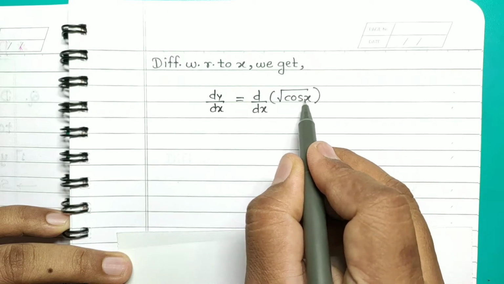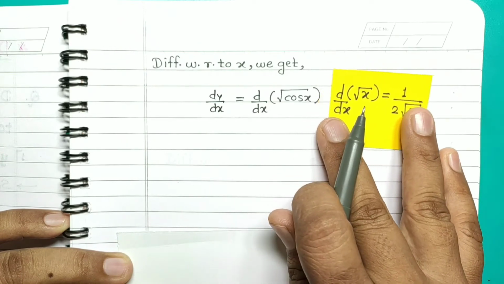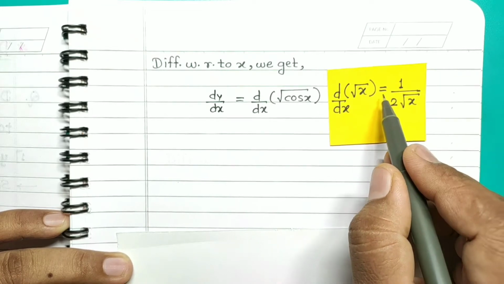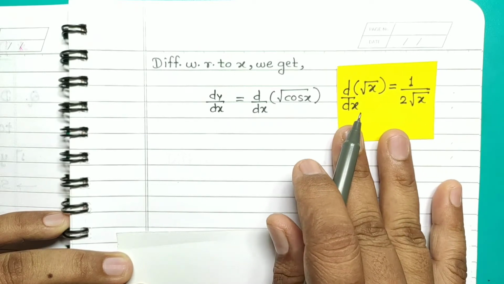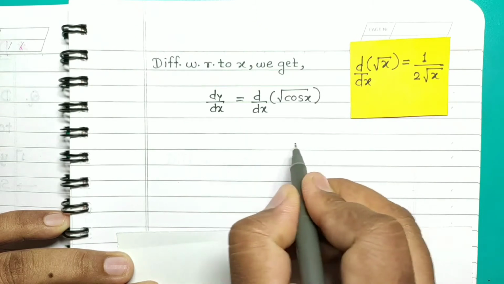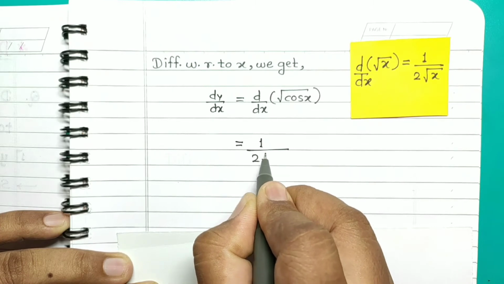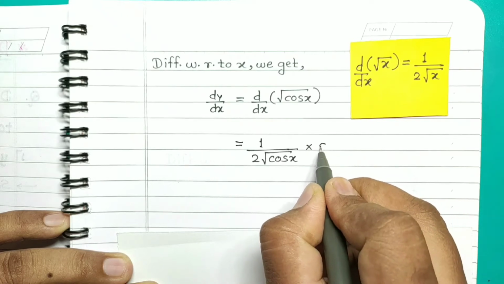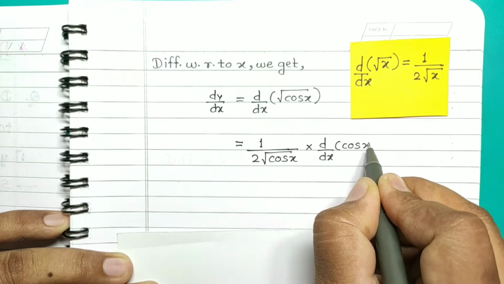If there is x instead of this cos x, the function will be like root x. So we have this standard derivative: d by dx of root x, that means the derivative of root x is 1 upon 2 root x. So for this root of something, the derivative will be 1 upon 2 root of something, which is cos x, and one extra thing, you multiply the derivative of that something function, which is cos x.